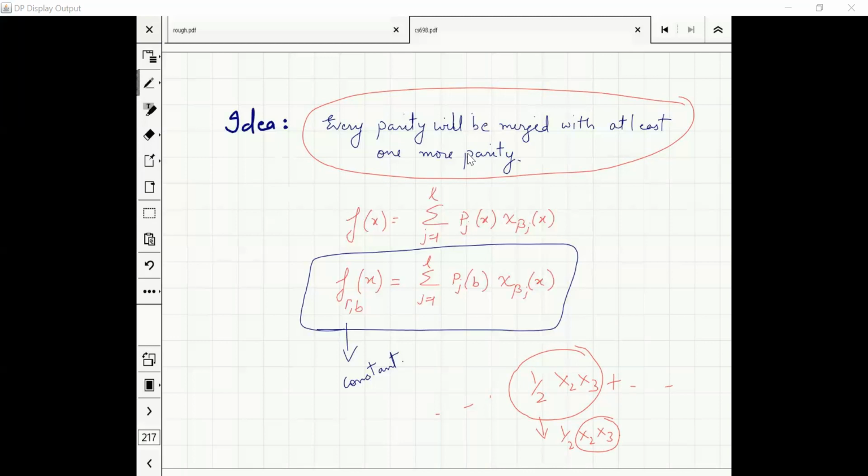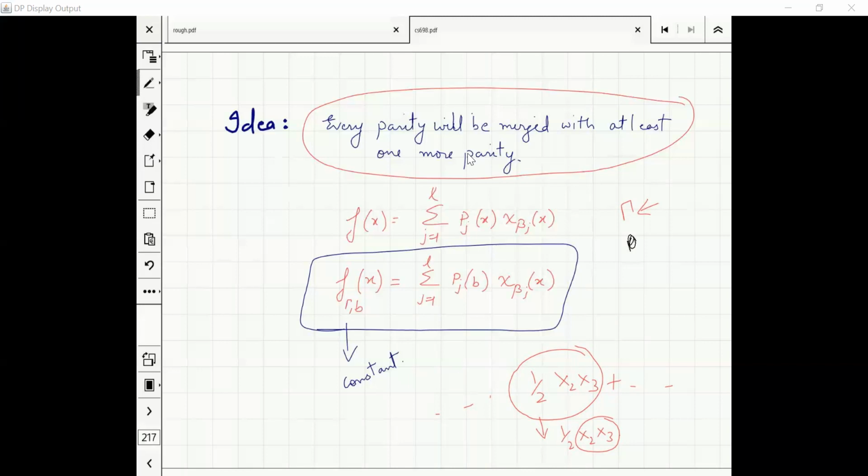So how many equivalence classes remain after restricting gamma? Remember, we know the sparsity of f is at most k by 2.